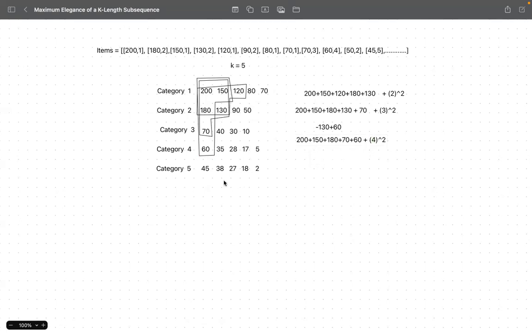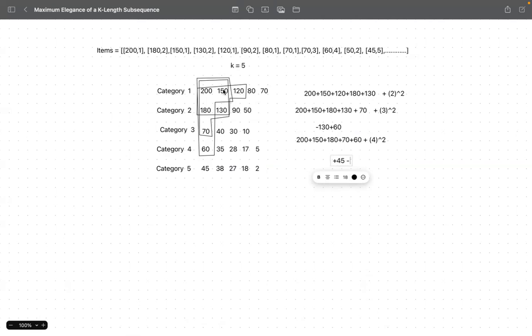Okay, so now the next left category is this one. This is the only category which has been left, which I have not used yet. Out of these items, I have to choose the one which has maximum profit. So I'll choose 45, and I'll add 45, and I have to remove any duplicates.